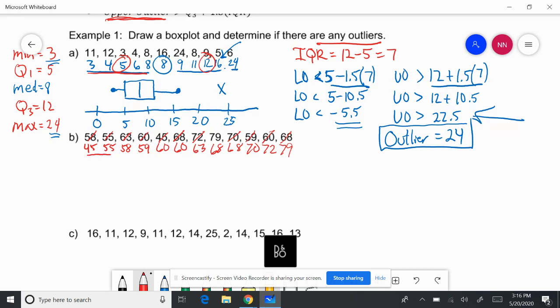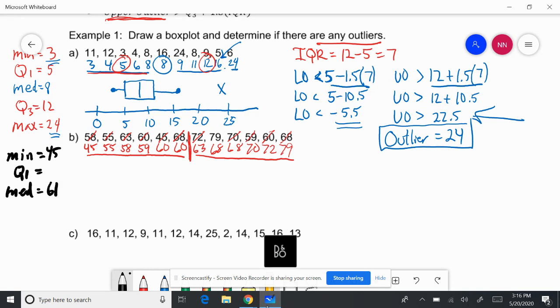There's an even number. So that means I have 6 on the left, I have 6 on the right, and the median is going to be right in the middle. So I have my minimum, which is 45. I have my median in between 60 and 63, which is 61.5.